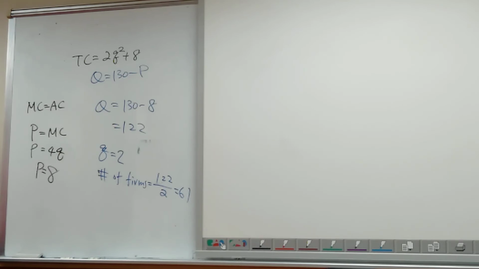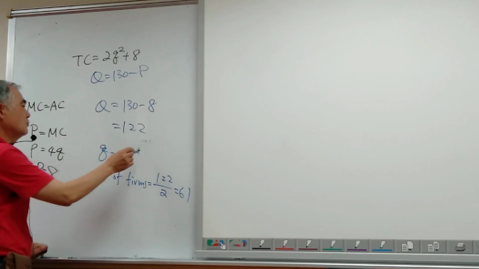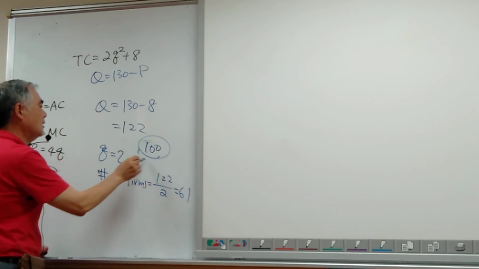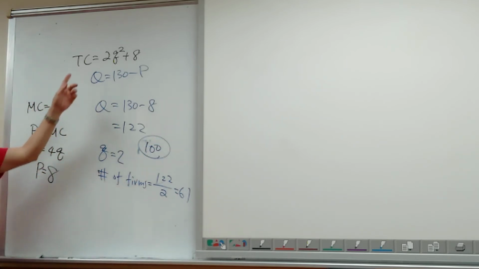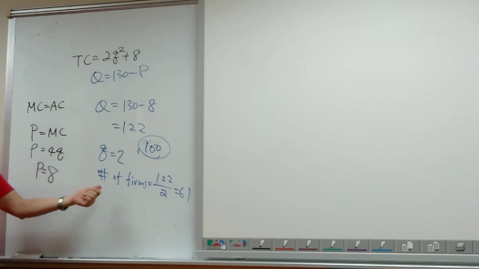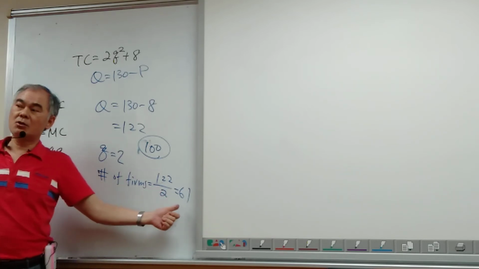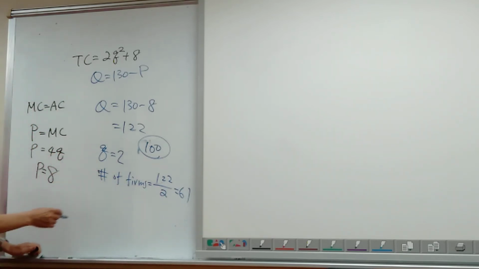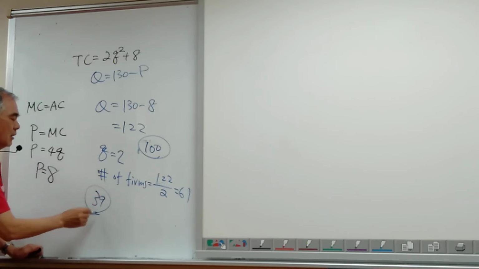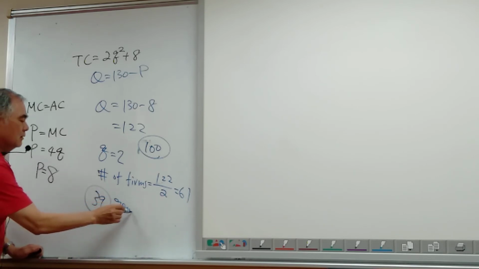And question C, how many firms must enter or exit the industry for the industry to be in the long run equilibrium? Originally, the question tells us we have 100 firms. But in the long run, we get the number of firms is only 61. That means 39 firms are gone.